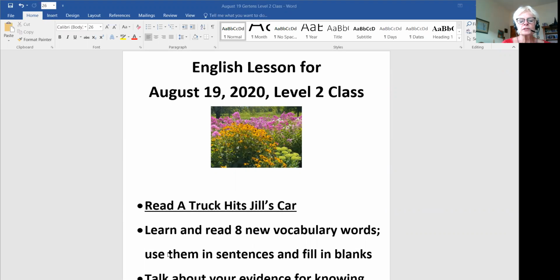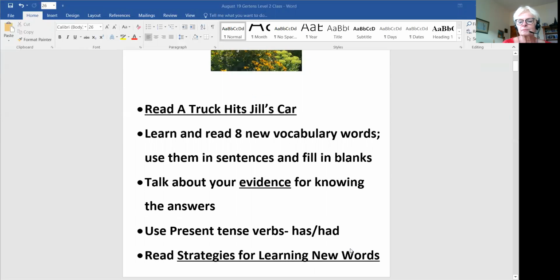We will use them in sentences and fill in blanks. We will talk about your evidence for knowing the answers.